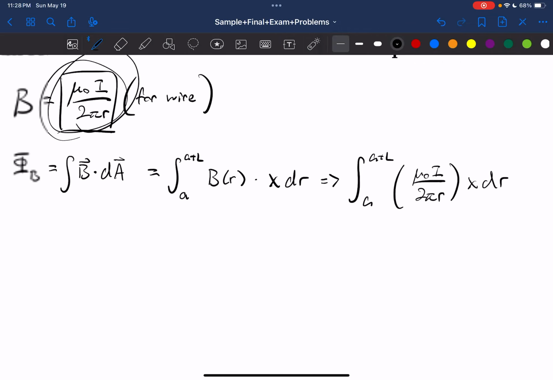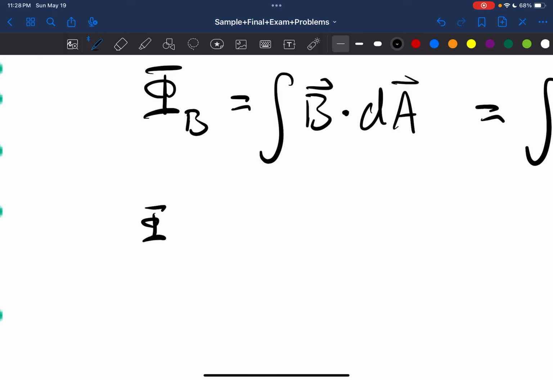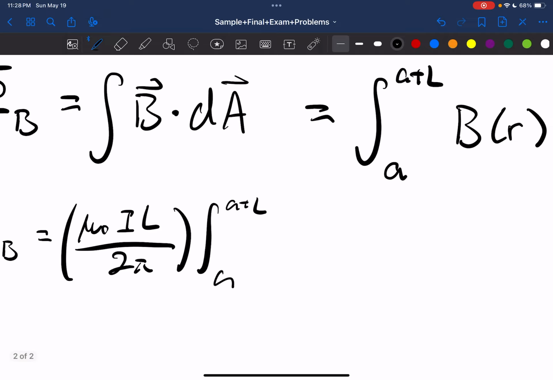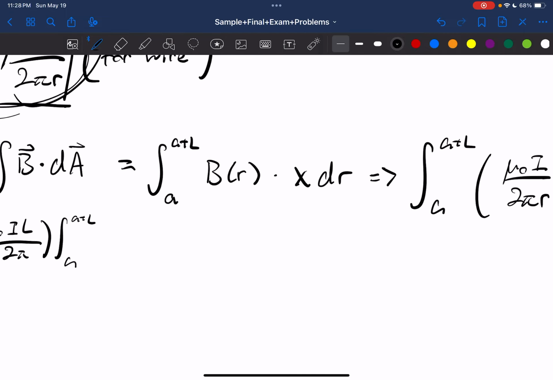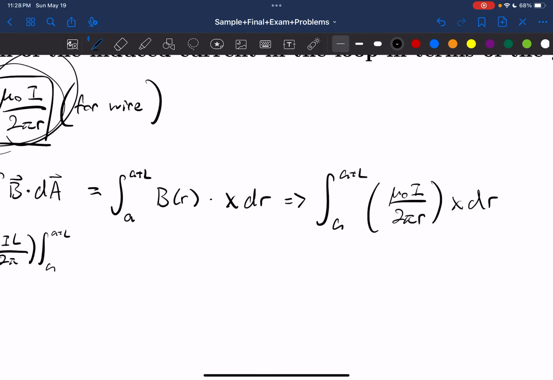All right, now we can move on to the next step. Now that's going to be mu naught. Now let's bring the constants forward. 2 pi, integral from a to a plus L. Since we're moving the constants in front, but it's integrating with respect to r, we're going to leave the r where it is, behind the integral.